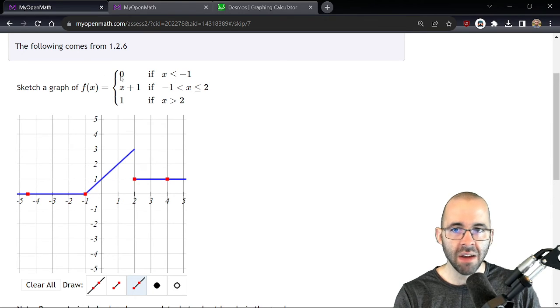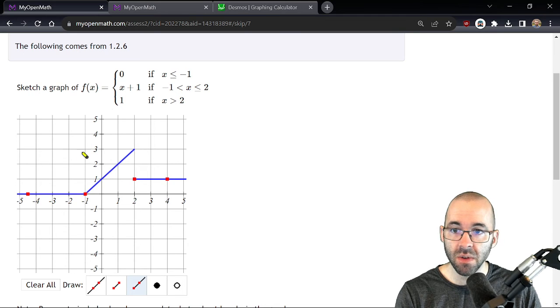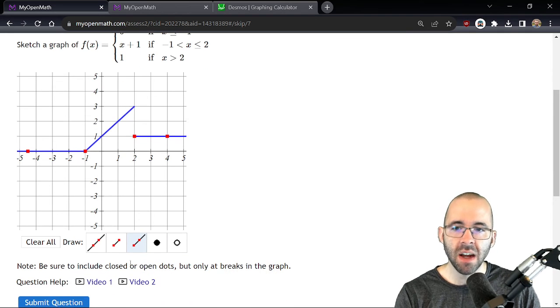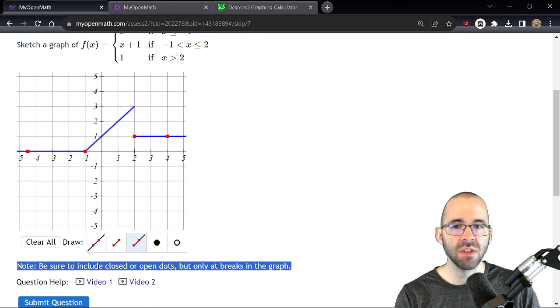The y value is constantly 0 up to -1. Then between x values of -1 and 2, we're on this diagonal line. And then past that, we're at a constant y value of +1.